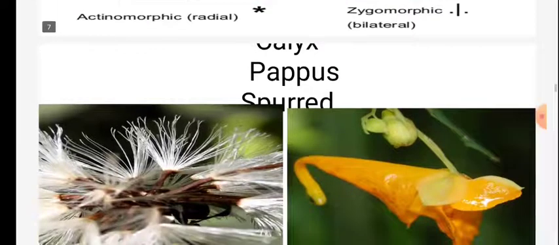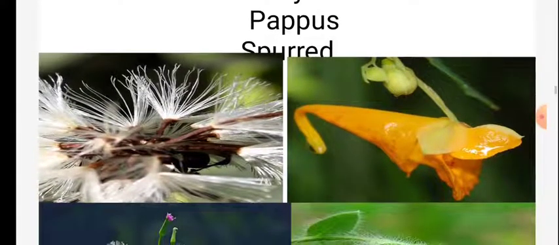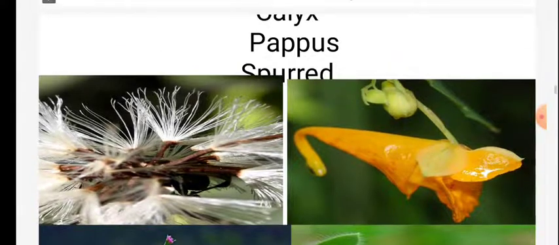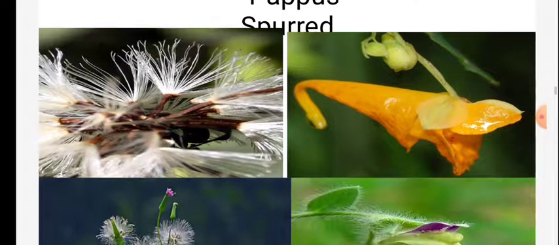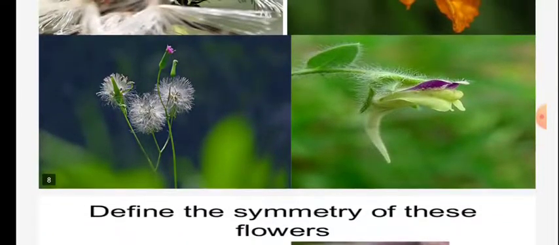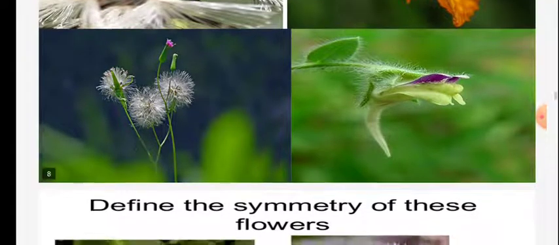Then there are the calyx types, the pappus calyx, that is the hairy calyx, and spurred, that you are observing here, where the calyx develops into a specific structure in some examples. It is there for the purpose of pollination, to attract the insects. Then here you are observing this, pathri.